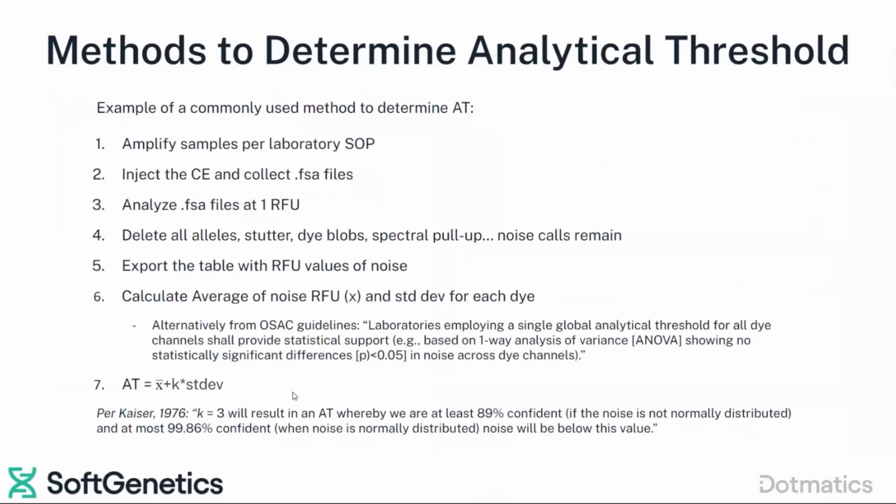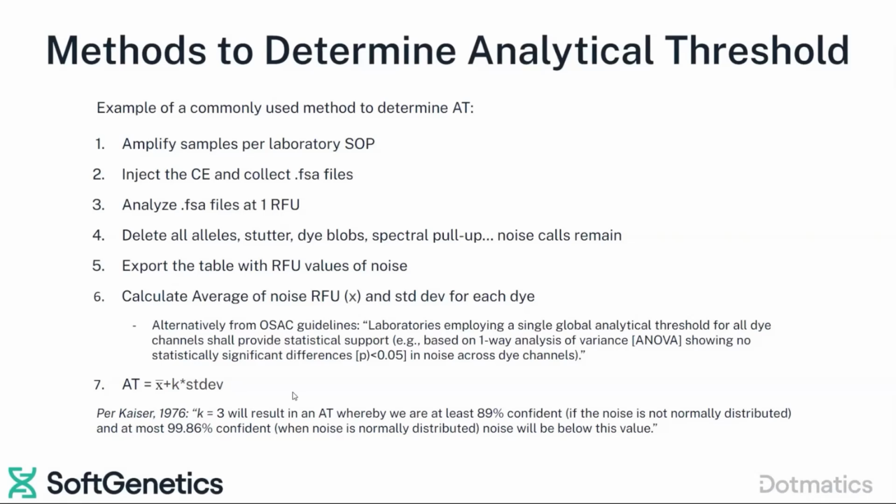Okay, let's take a look then at a common method that is used in many labs for determining analytical threshold. And it goes through these 7 steps, which you're familiar with: amplifying the samples per the lab's SOP, and then collecting the FSA files from the capillary electrophoresis instrument, analyzing the FSA files at 1 RFU, so no y-axis requirements, no filters, just call everything.